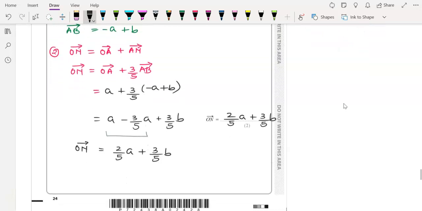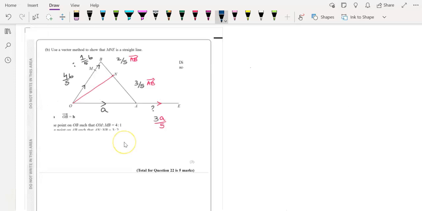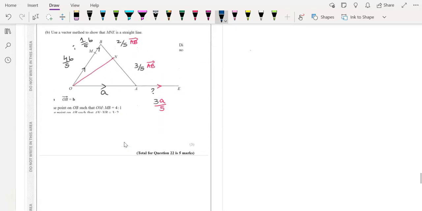Okay, now next question. Use a vector method to show that N and E is a straight line. So what I will do is I'll copy the diagram. Now we have the diagram here, and the question is to show that N and E is a straight line. Okay, so what we can do is we can find first how much is vector MN, and then we'll find vector ME.